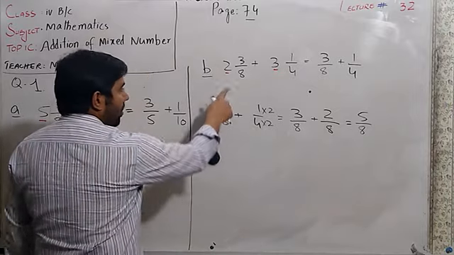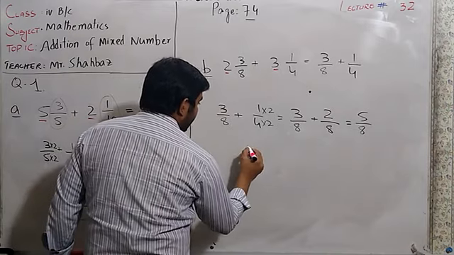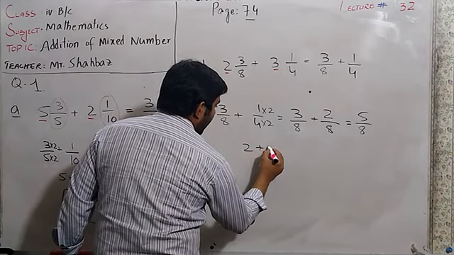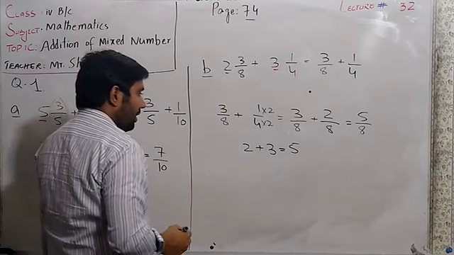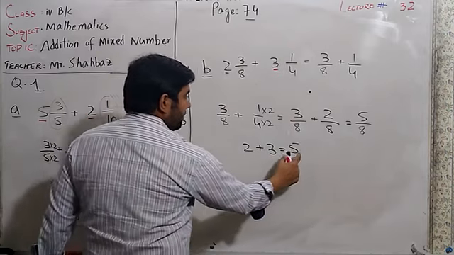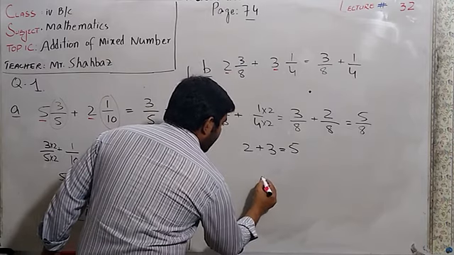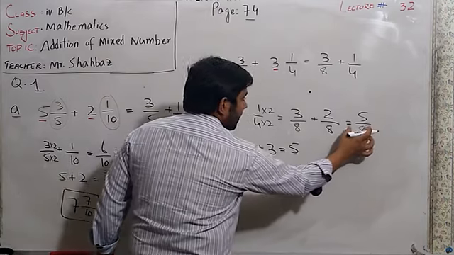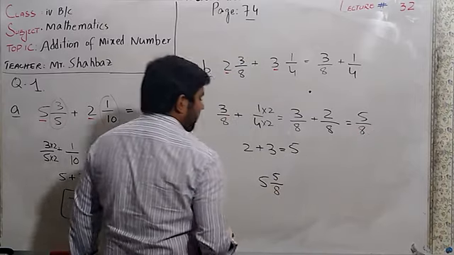Now we have to add the whole numbers: 2 plus 3 is equal to 5. Now we write our answer: 5 and 5 over 8. This is the answer.